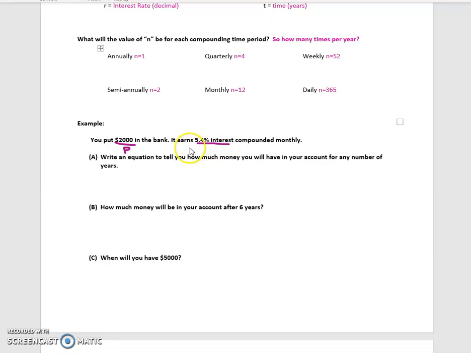That's our interest rate. But remember, we have to convert it to decimal form. So we need to move this decimal over 2. And we get 0.054. It's compounded monthly. We said monthly is N equals 12.